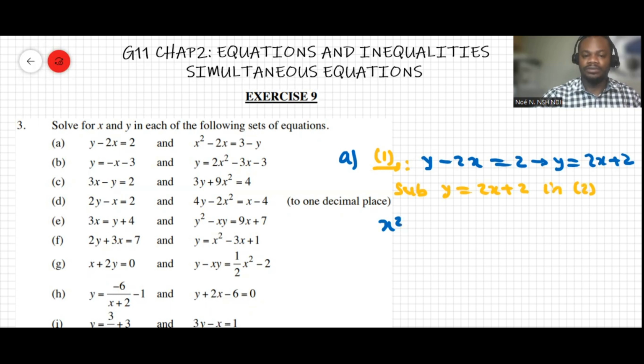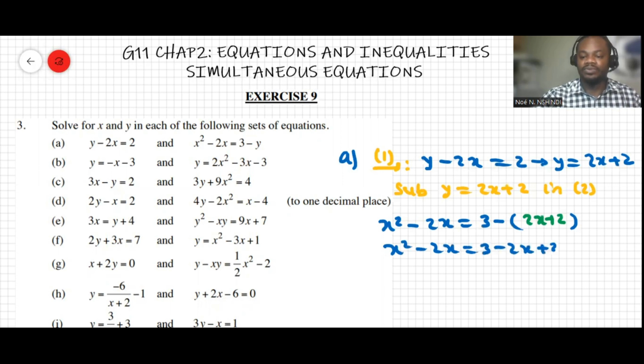Equation 2 will become x squared minus 2x equal to 3 minus, I was supposed to write 3 minus y, but I am going to sub in the content of y, which is 2x plus 2. Okay, and then this will make x squared minus 2x equal to 3 minus 2x plus 2. We have negative 2x here and negative 2x there.